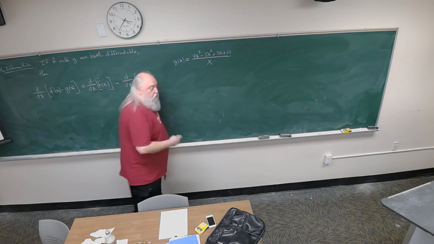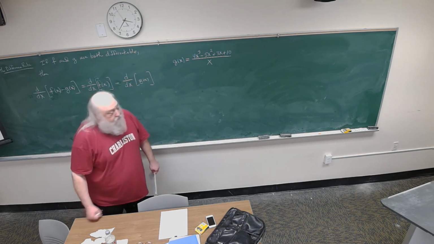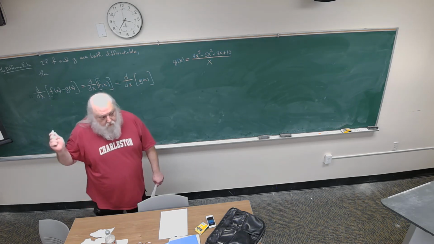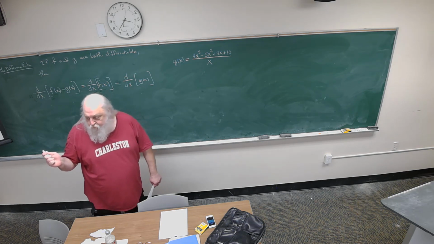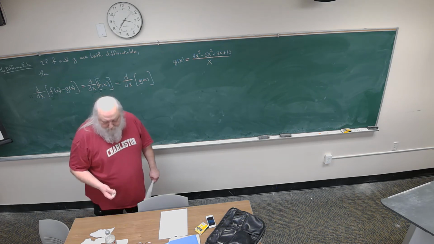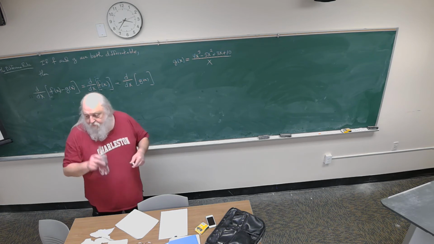Now there is a rule called the quotient rule, but we haven't learned it yet. Can we differentiate this function with the rules we've defined up to this point? The short answer is yes, or I wouldn't put it on the board. So we got some work to do.